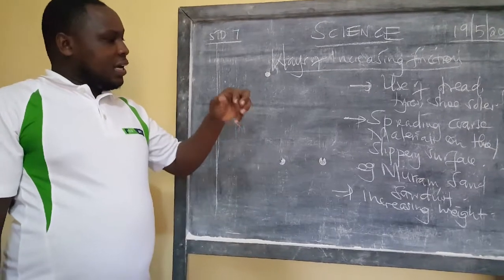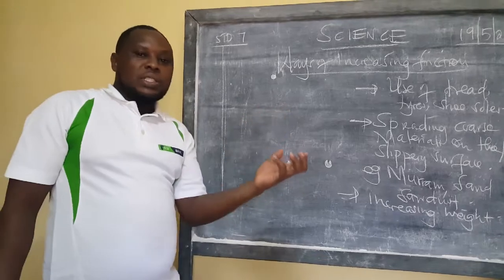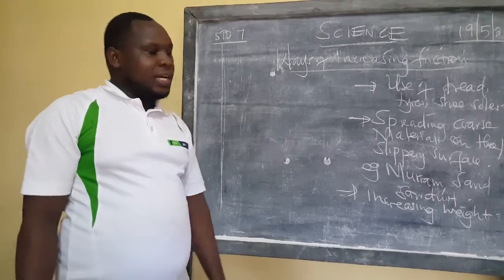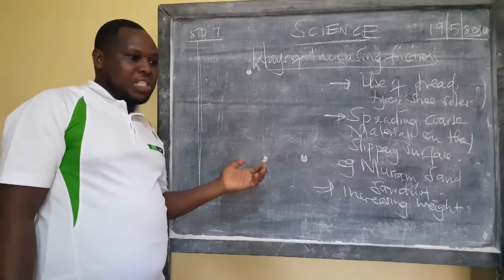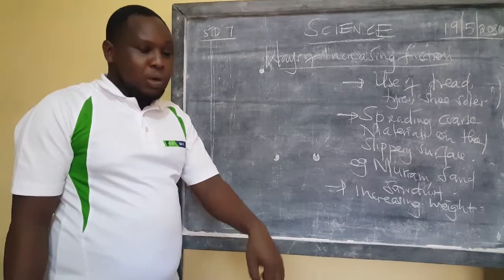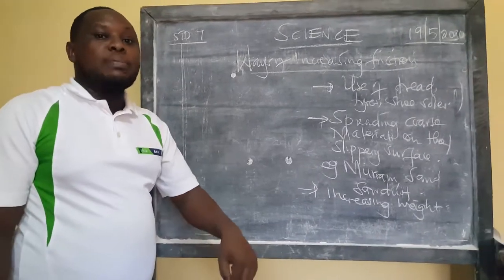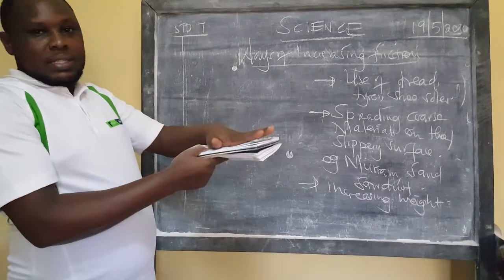That means as you continue increasing the number of books, the box gets a grip on the ground. We talk about pressure. The pressure towards the bottom of the box becomes so much that it is pressing on the ground like this.